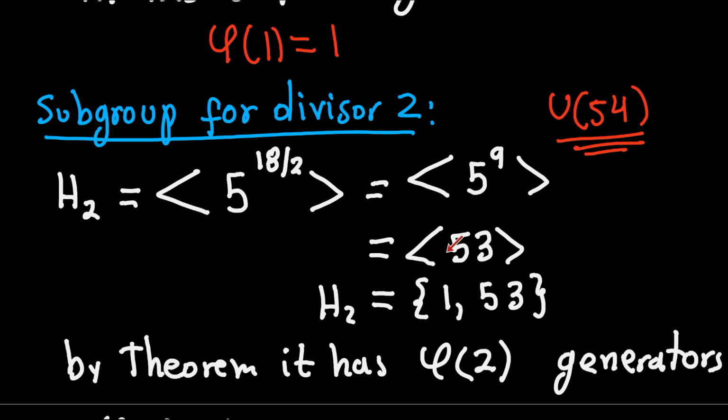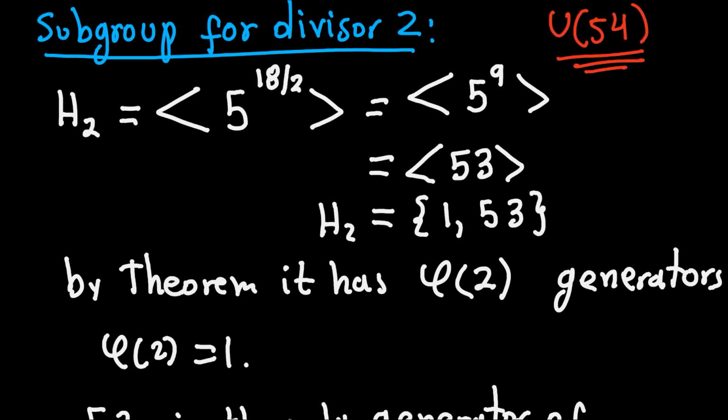Now, this H2 is going to have 2 elements. This divisor is actually going to tell you the number of elements that you have in the subgroup also. So I have 2 elements. That is the identity, which is in every subgroup. So it's 53 to the 0 and 53 to the first power. 53 to the second power is going to give you again 1 because this has order 2.